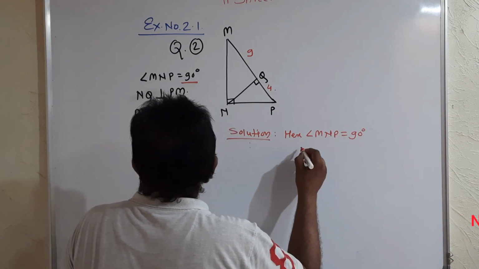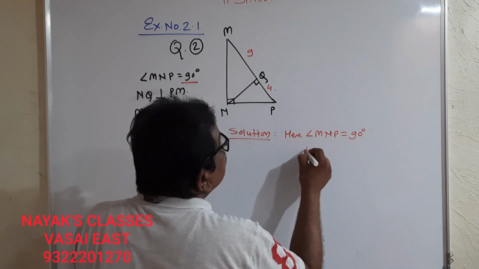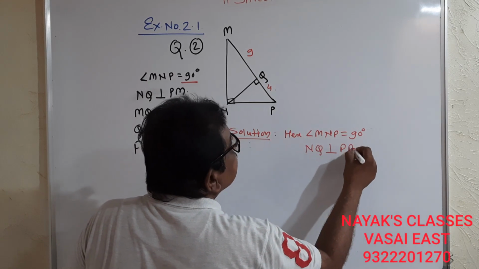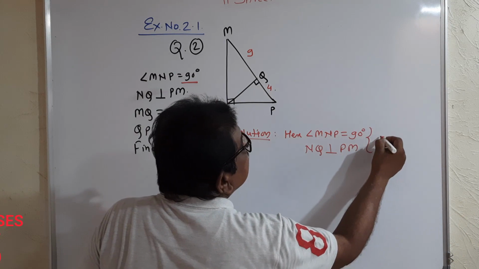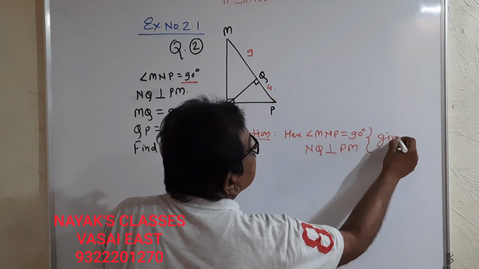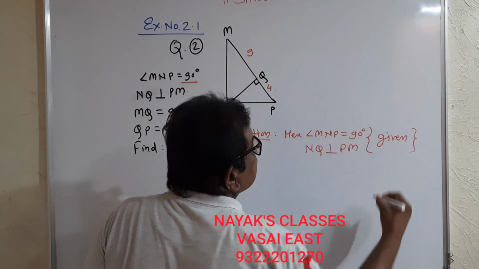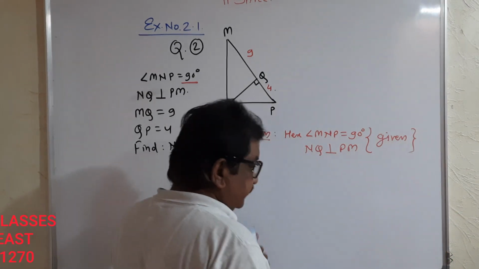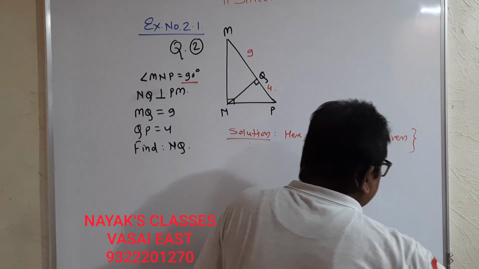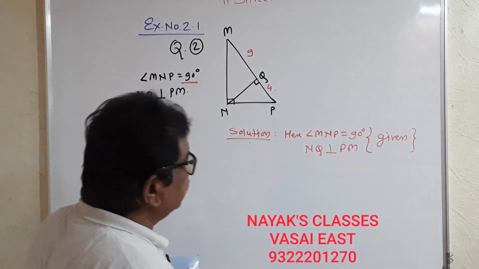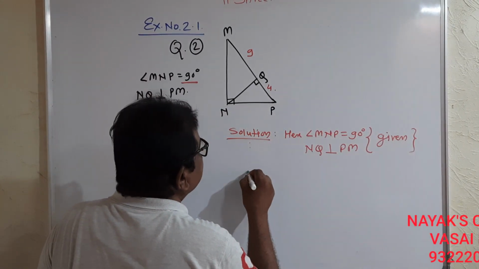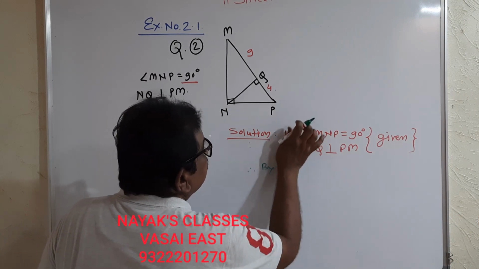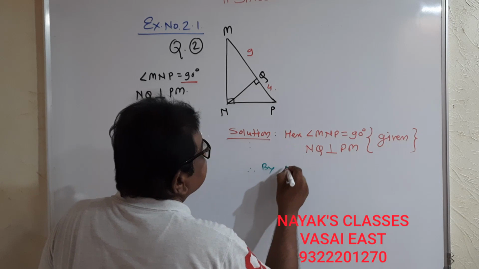Correct? And NQ is perpendicular to PM. These are the given things. Therefore, we can use the geometric mean property.